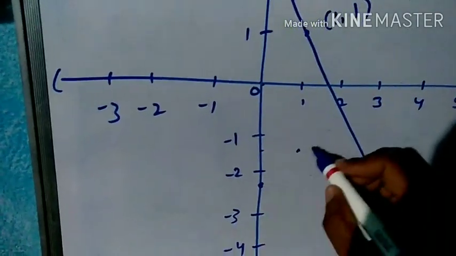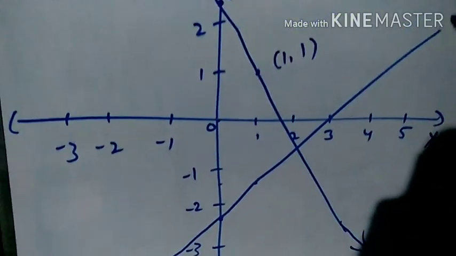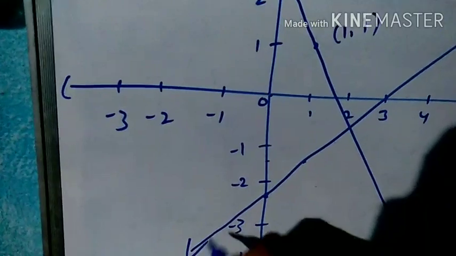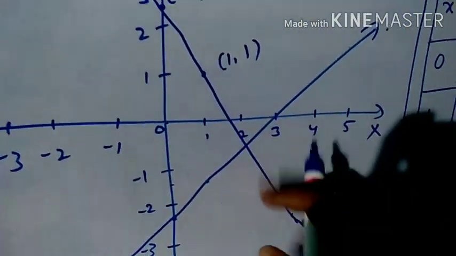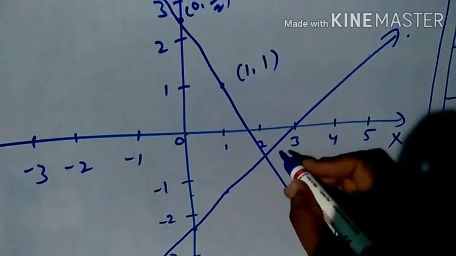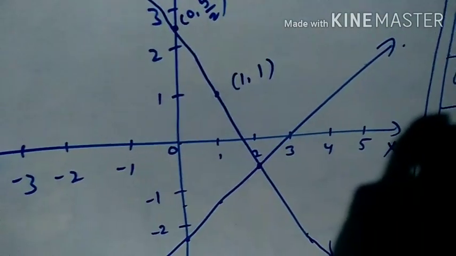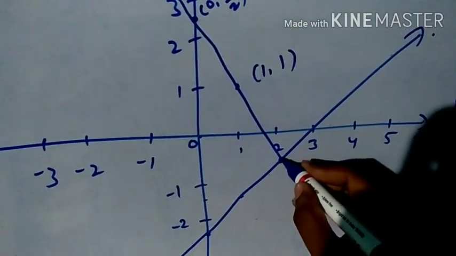So by use of the scale, draw a line like this. Here it is not a perfect graph. Like this, the two lines intersect at a point.